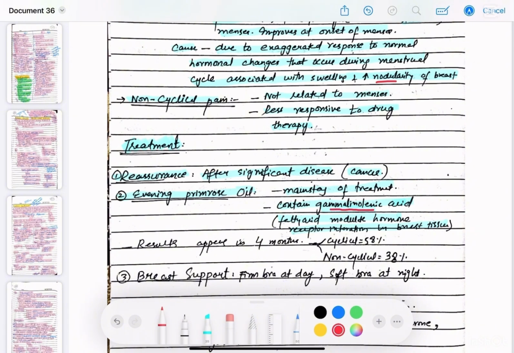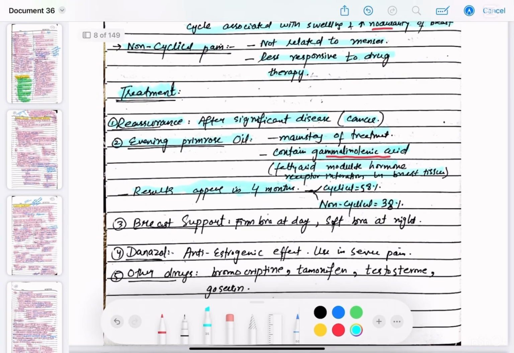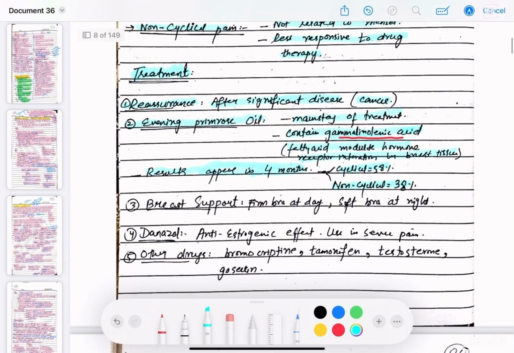Evening primrose oil consists of gamma linolenic acid, and it helps to restore the breast. The results appear in 4 months, in 58% of cyclical and 38% of non-cyclical cases. It is used in both cyclical and non-cyclical mastalgia, but it is more effective in cyclical mastalgia.